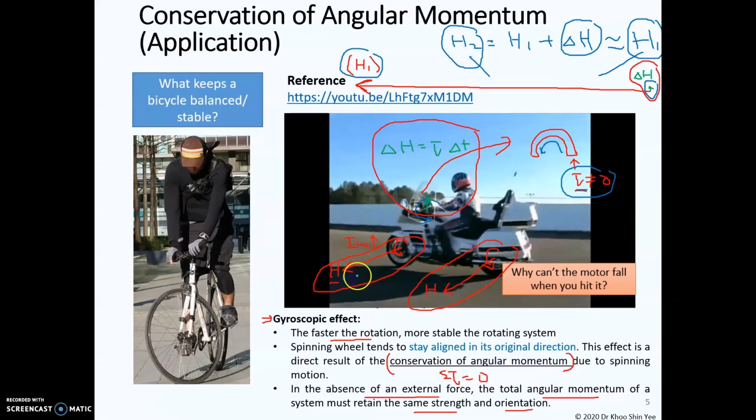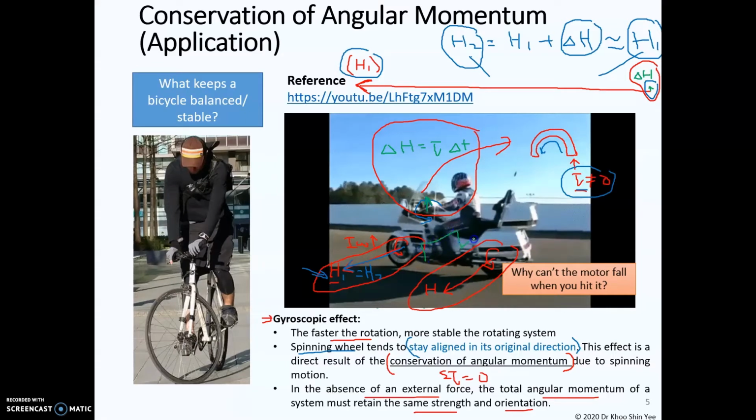Therefore H1 and H2 after you apply the torque will still remain in the same direction. So this is the nature of the spinning wheel, which tends to stay aligned in its original direction if the angular momentum is high. And this is the reason why a high-speed spinning wheel will provide more stabilization to the rotating system here.